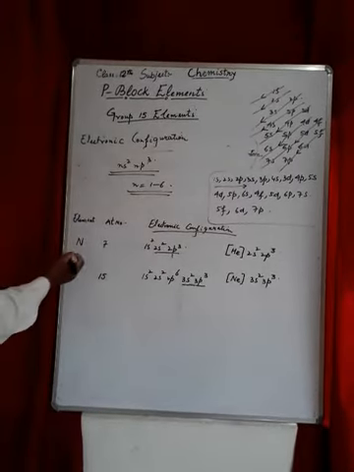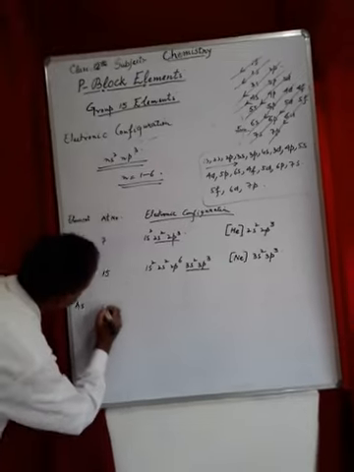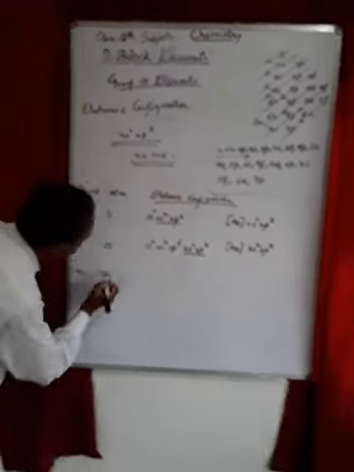Now nitrogen, phosphorus, arsenic. Arsenic has 18 plus 15, that is 33 electrons.